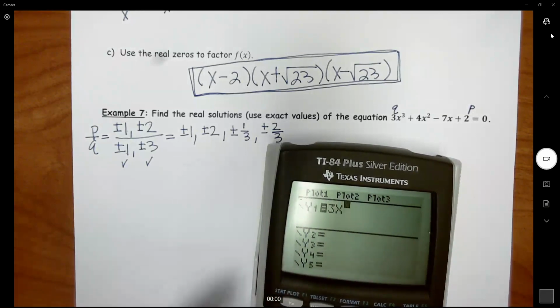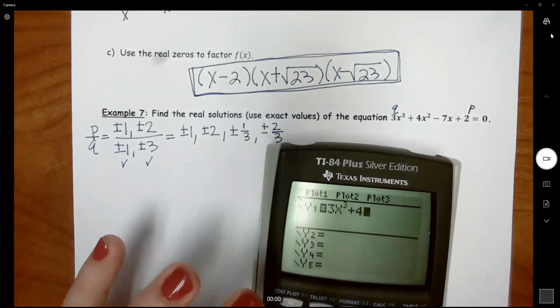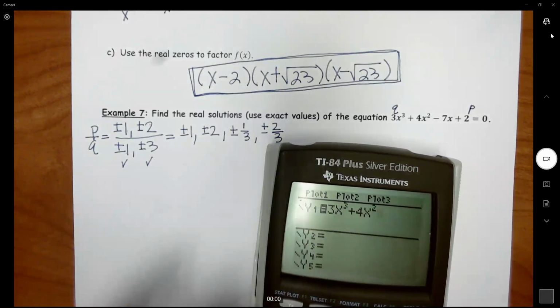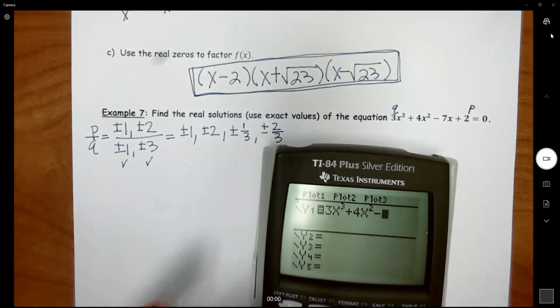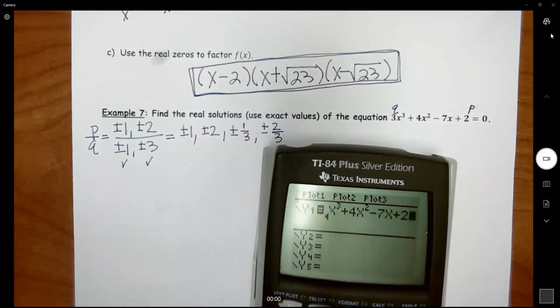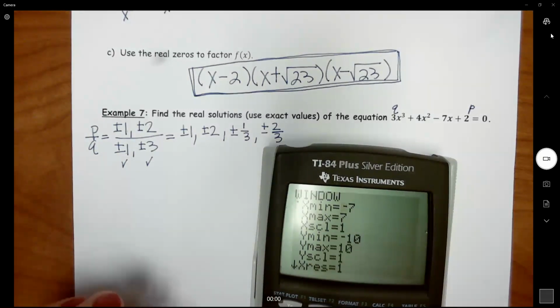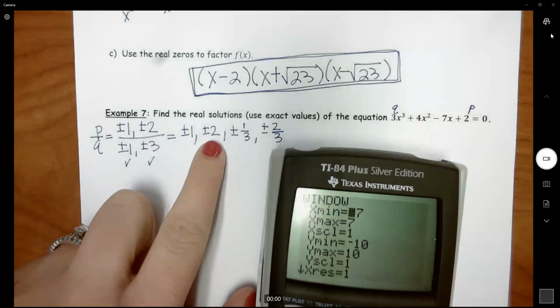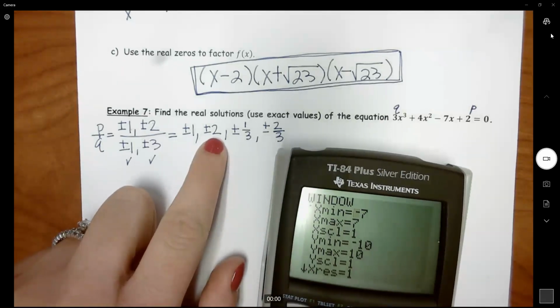So we'll enter this in. Okay. I'm going to go to window. I know my smallest one is possibly -2 and my biggest one is also 2.